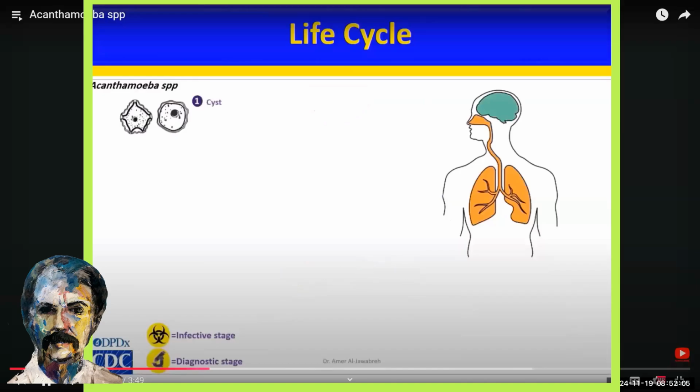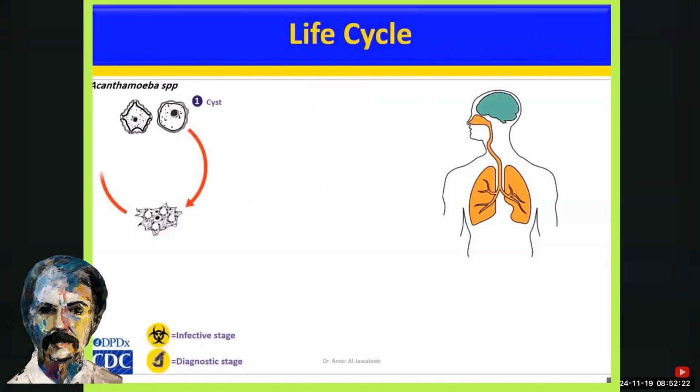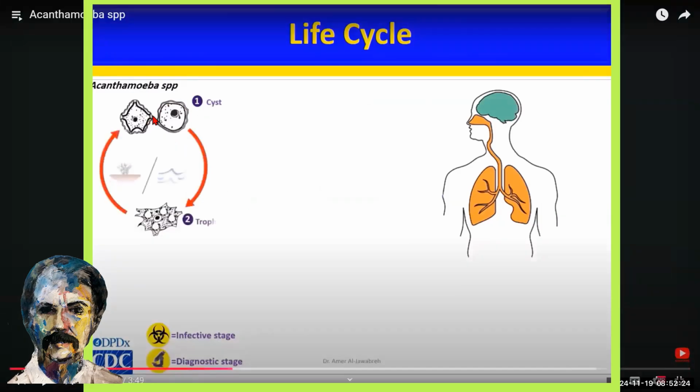This is the life cycle. As you see here, these are the cysts, exactly as in Balamuthia. We have here decorations and wrinkles around. The cyst matures and converts to a trophozoite, and the trophozoite back to cyst, and so on.